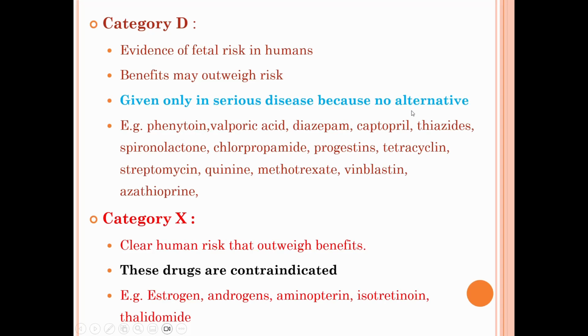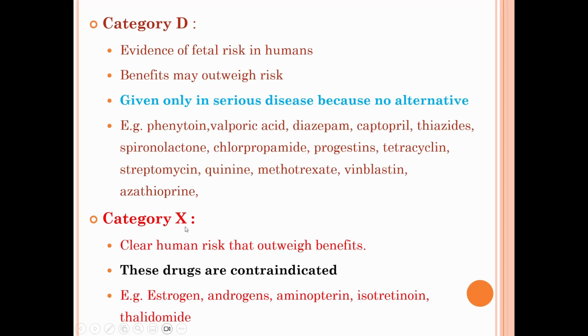If you have to give this particular drug to some pregnant ladies, then only you can give it, if there is serious disease and no alternative to that particular drug. Examples: phenytoin, valproic acid, diazepam, captopril, thiazide, spironolactone, chlorpropamide, progestin, tetracycline, streptomycin, quinine, methotrexate, vinblastine, azathioprine.